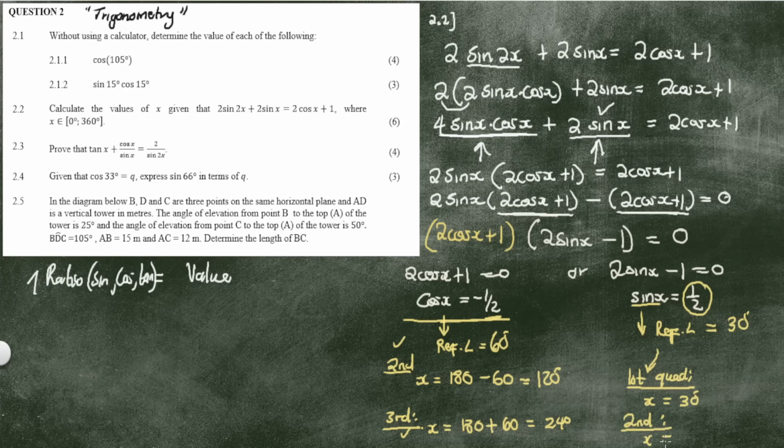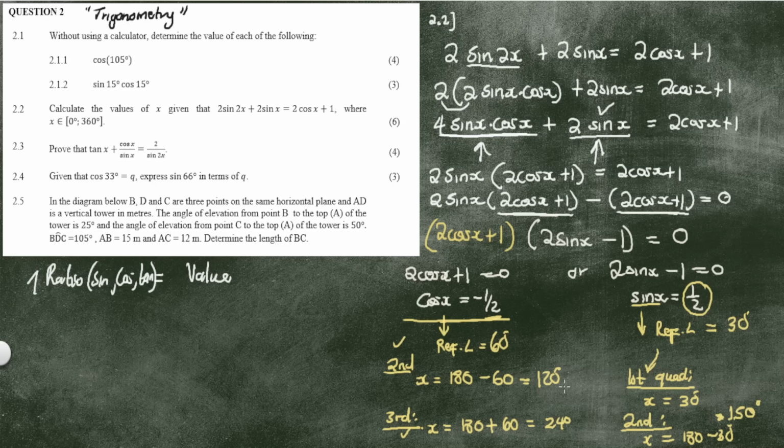So x is going to be equal to 180 minus 30, so the answer is 150 degrees. All right.